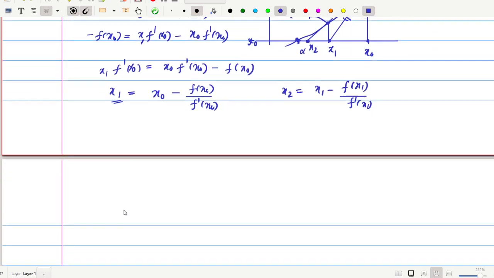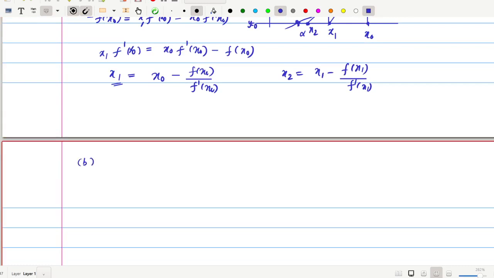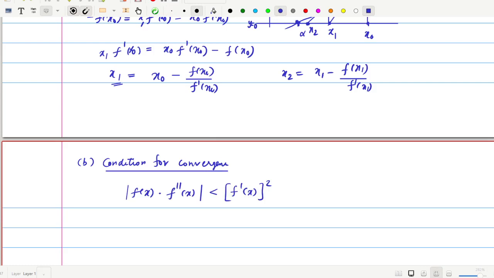In the next remark, we will discuss the condition for convergence.